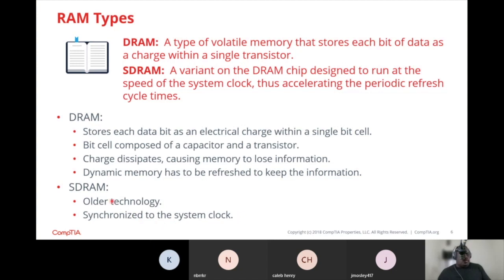They don't use that anymore. So everything is DRAM. It stores each data bit as an electrical charge within a single bit cell, composed of a capacitor and a transistor. The charge dissipates, causing the memory to lose information. So remember, if the charge is not there, it loses the information. Dynamic memory has to be refreshed in order to keep its information.